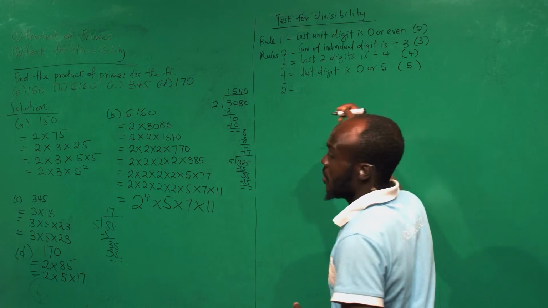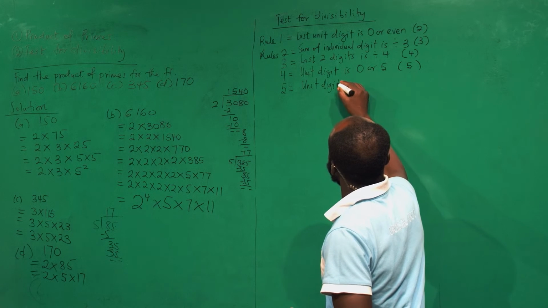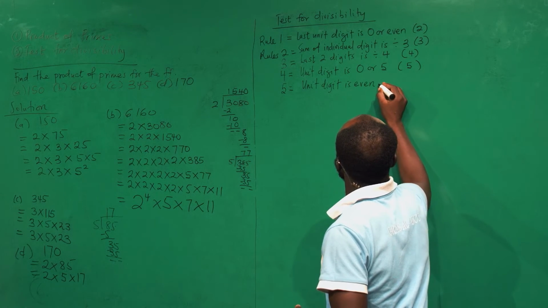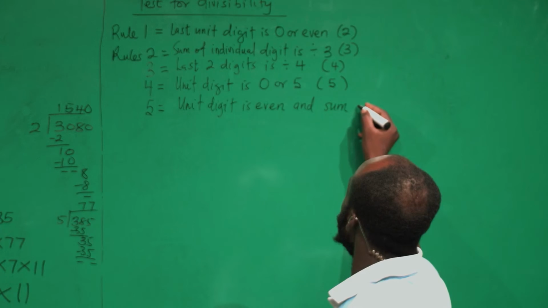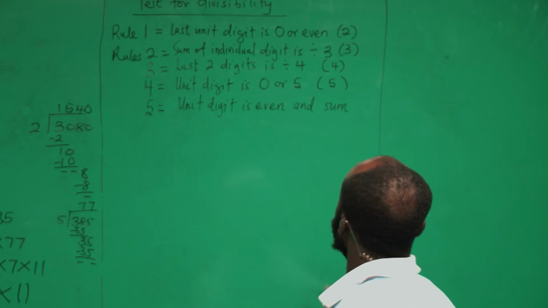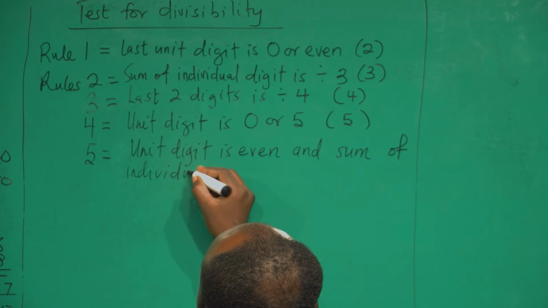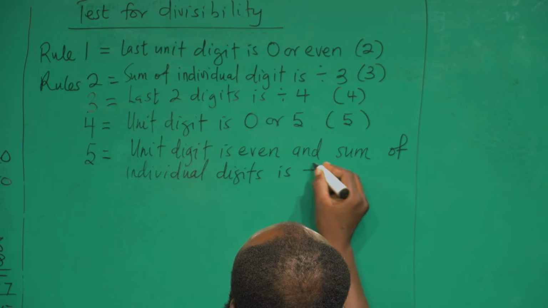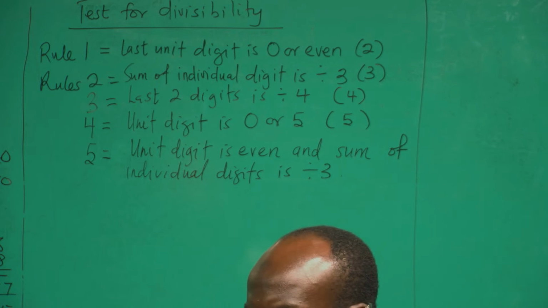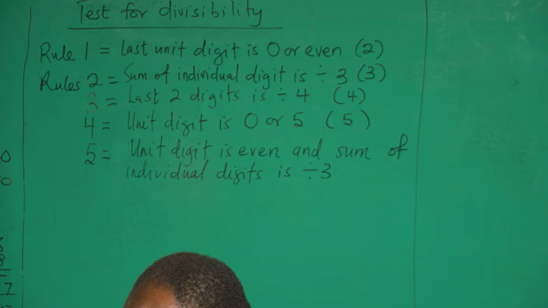For 6, it said the unit digit is even and the sum of the individual digits is divisible by 3.